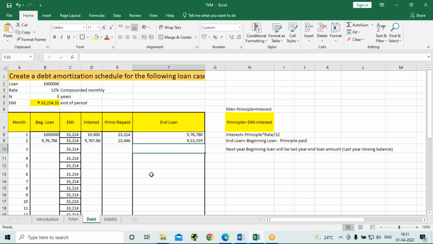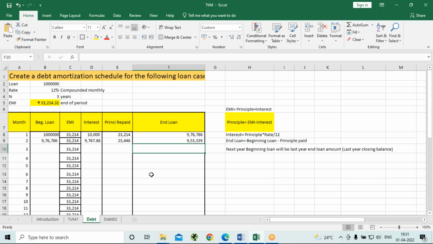Okay, so now if I keep on doing it the same way for all the years, it will take a long time and we will not be sure whether it is going to calculate in the right way or not.